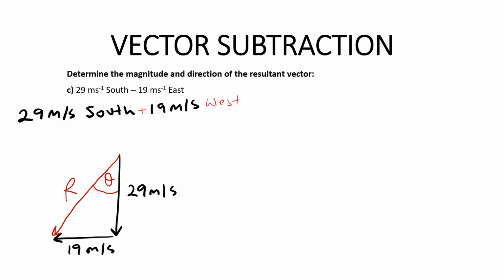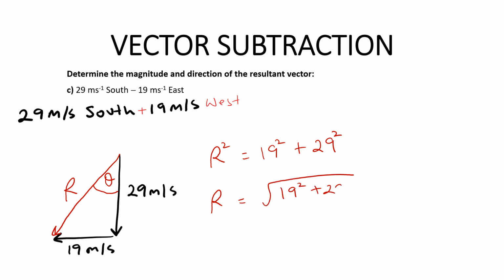So R, the hypotenuse, squared: R squared equals 19 squared plus 29 squared. To get rid of this squared, we have to square root the other side. So R equals the square root of 19 squared plus 29 squared.